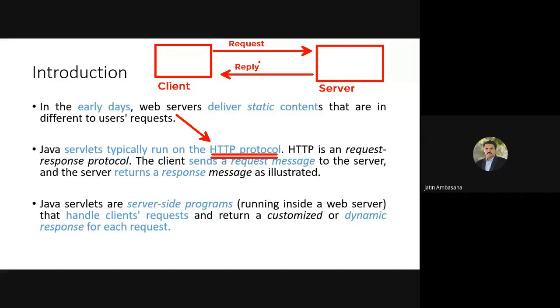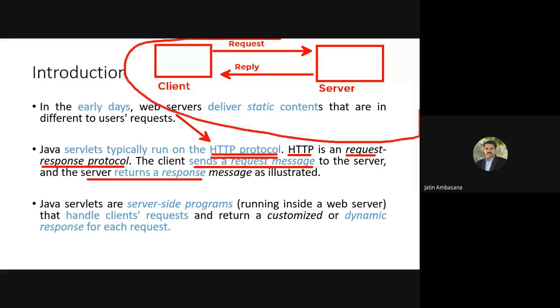This is how the HTTP protocol, that is hypertext transfer protocol, works. It is a request response based protocol, where the client sends a request message to the server and the server returns a response message.